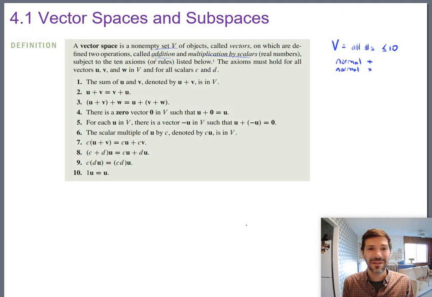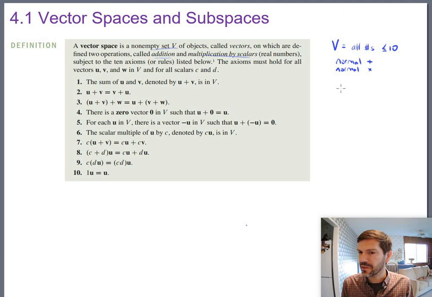So there's a set of objects. I did define two operations. I just stole two operations, I should say, from what we've always known. Question is, is this enough to be a vector space over here? So condition number 1 says the sum of two elements from the set, and the way we'll write sum is the normal notation, needs to also be in the set.